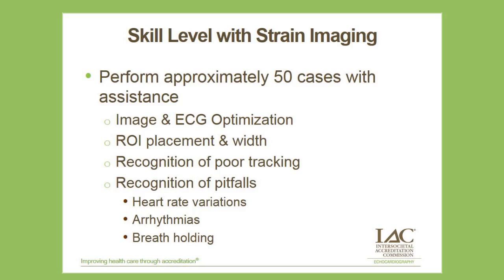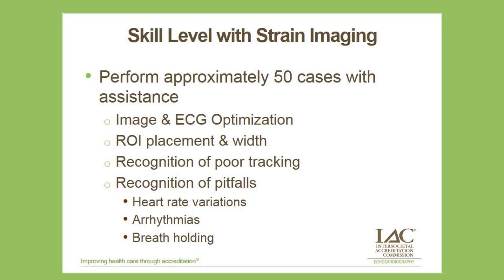Strain is very important with strain to have an adequate image. Also, to really optimize your ECG and make sure that you have an optimal ECG when you're acquiring your strain images. Also, be real careful with your region of interest placement and the width of it, just to not go below the annulus of the mitral valve or not to be into the pericardium, which can cause altered results with your global longitudinal strain.